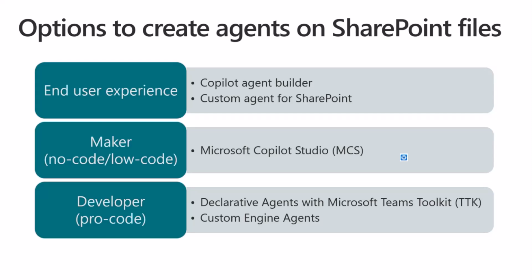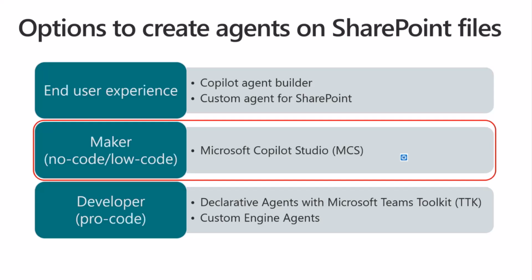And last but not least, if you wear the hat of a developer, so you want to use a pro-code tool, you can use the Teams Toolkit to create declarative agents, or eventually you can use Visual Studio Code and the Teams Toolkit to create custom engine agents, which will give you the maximum capabilities in terms of extensibility and customizability of your solution. Now, in this demo, we will mainly focus on Copilot Studio, but I will give you a quick overview also of what you can do with the agent builder and with the agent in SharePoint.